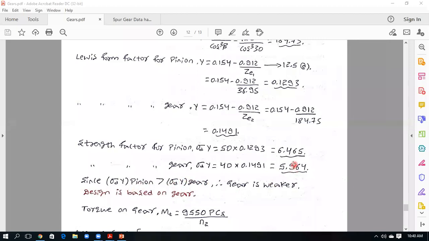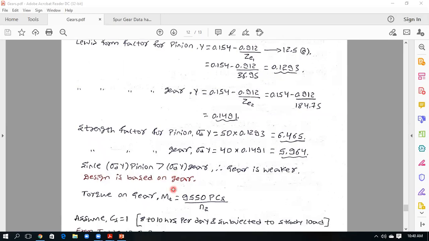From this we can see that the gear is weaker, and further designing is done for the weaker member. Therefore, design is based on the gear, not on the pinion.